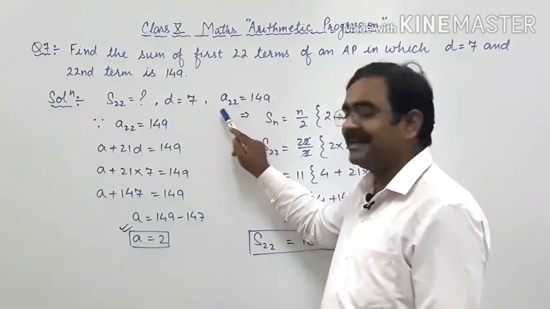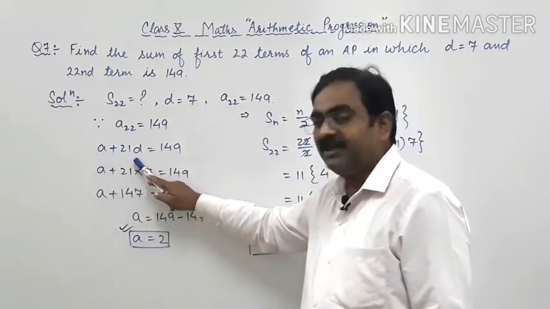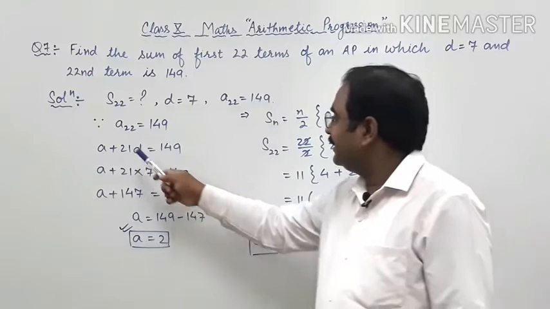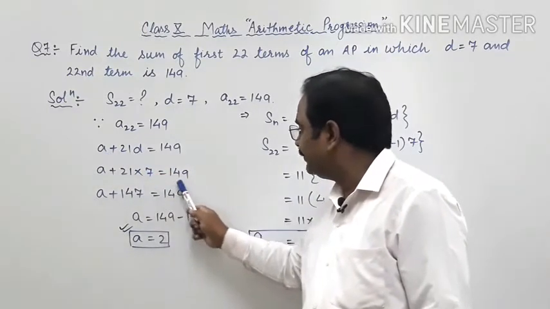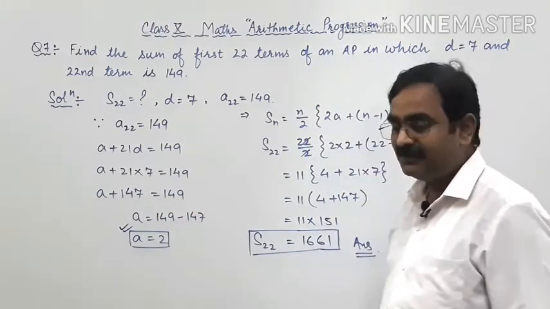So we have to start from here. A22 can be written as a plus 21d, which is equal to 149. Substituting the value of d, we will get the first term, that is a is equal to 2.